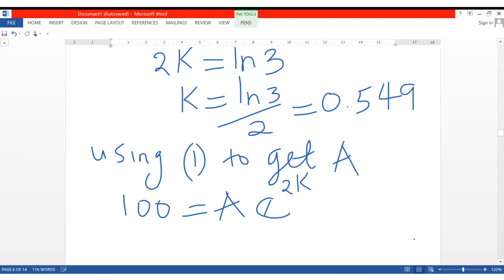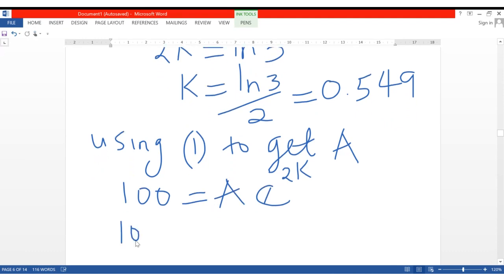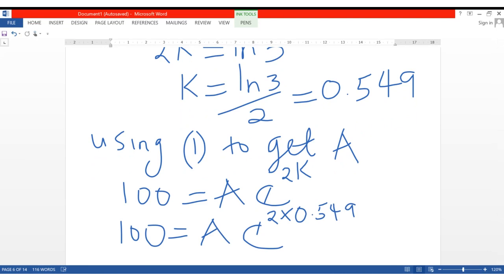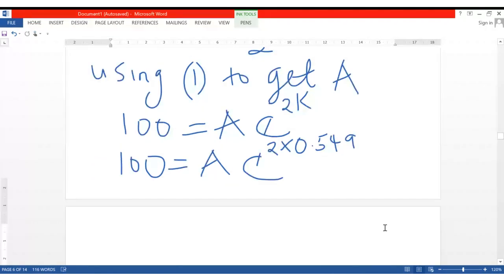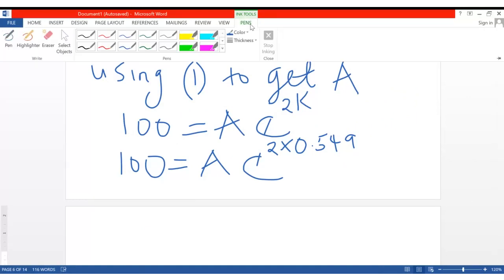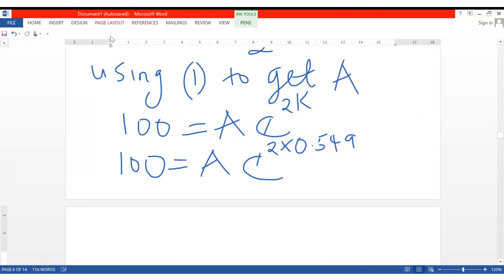So I'll just input the value of k that we have gotten. So 100 will be given by a exponential 2 times 0.549. So 0.549 times 2 is 1.098.